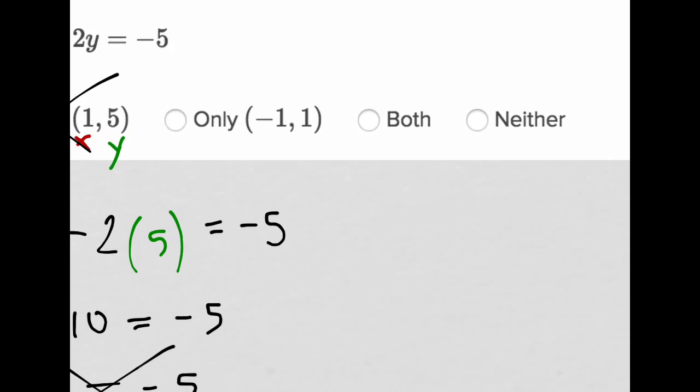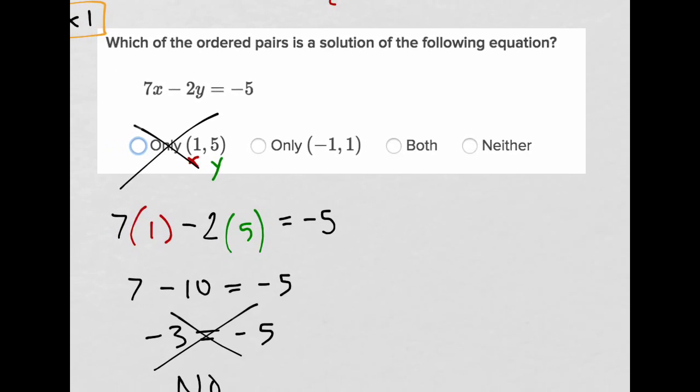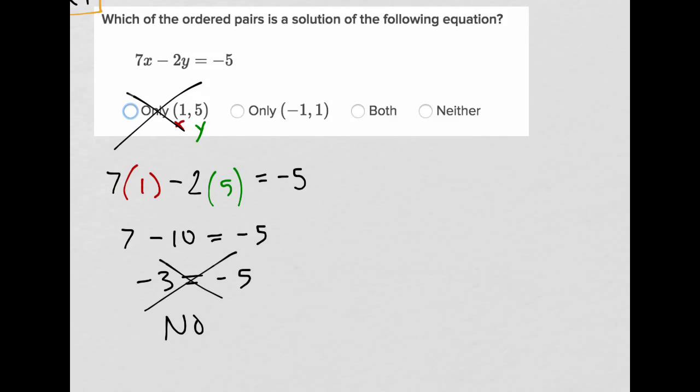And then you plug in negative 1 and 1. A lot of the time, you'll be able to do this in your head, but if not, you just have to write it down. So 7 times negative 1, that's my x, minus 2 times positive 1. Does that equal negative 5?